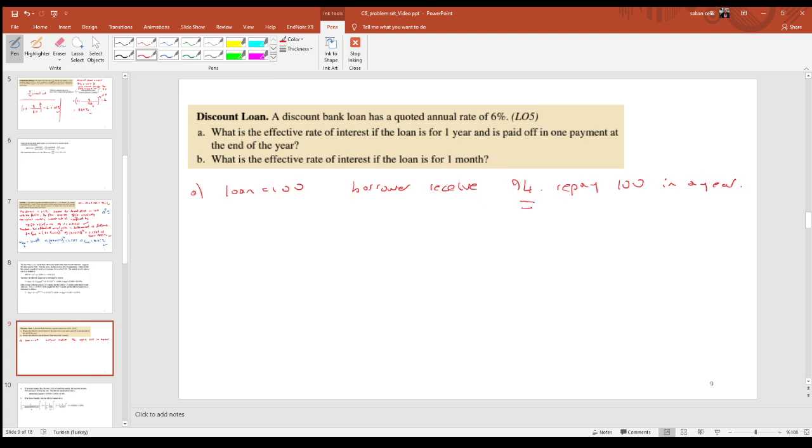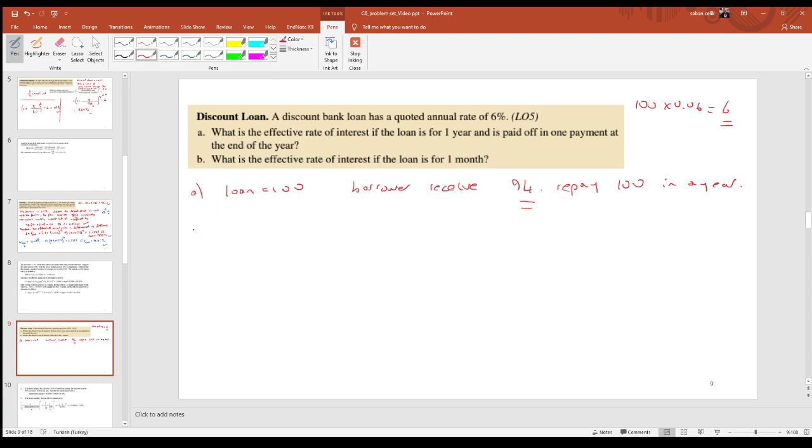So why 94? It is because 6% of 100 will be equal to 6. This is going to be interest. So we are going to receive $94 instead of 100. So at the end of the year, we are going to pay 100.